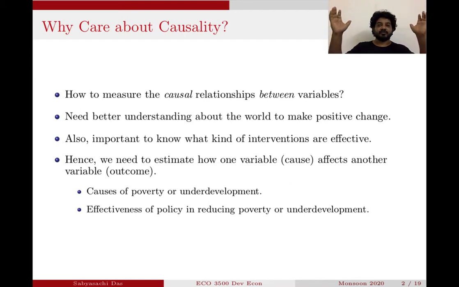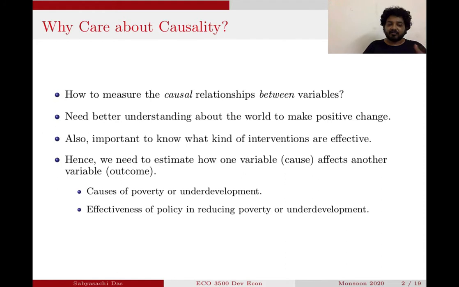If we come into this world with the preconceived notion that it's the lack of savings by farmers that's causing the lack of investment, and we don't test this notion and right away form policies, we may be misguided. We may spend a lot of money making sure these guys save more, but then we don't see the outcome, right? So we need to understand first in order to make policies better, in order to change the world.